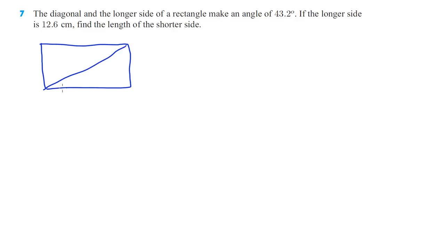So that's going to have to be, say, this angle here or this angle here, because that's the one with the long side and the diagonal. Oh, the diagonal, which is the hypotenuse. So let's put it here, 43.2 degrees. If the longer side is 12.6 centimeters, so this is 12.6 centimeters, find the length of the shorter side. So we want to figure out what that is there.